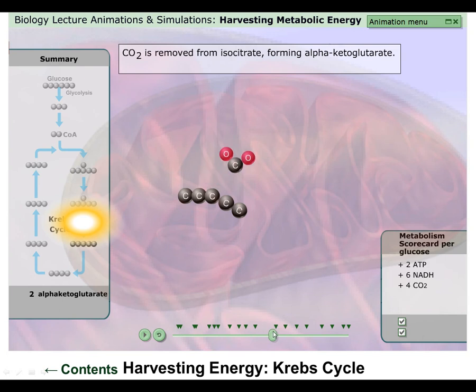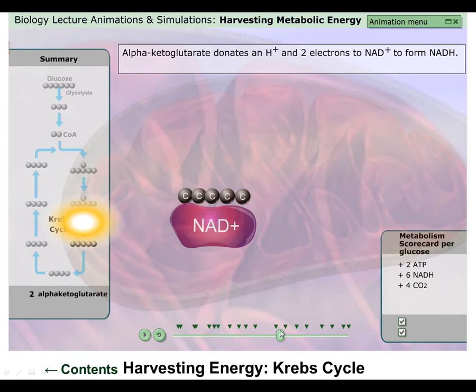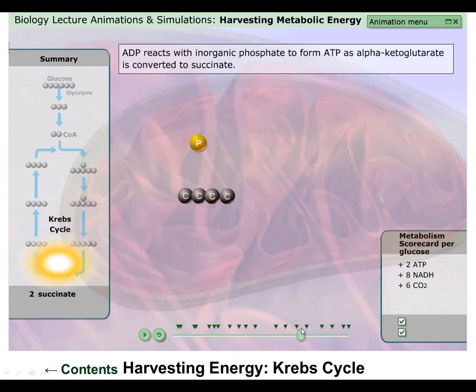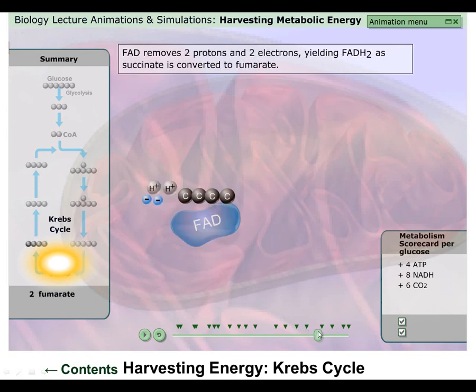We do see some more carbon dioxide being liberated in the Krebs cycle. More NADH. You see that? I like this little animation. It's got the hydrogen ions and the electrons, and what we're going to deal with later. More decarboxylation. We'll see some ATP being synthesized. That cell can use that right away. And then FADH2.